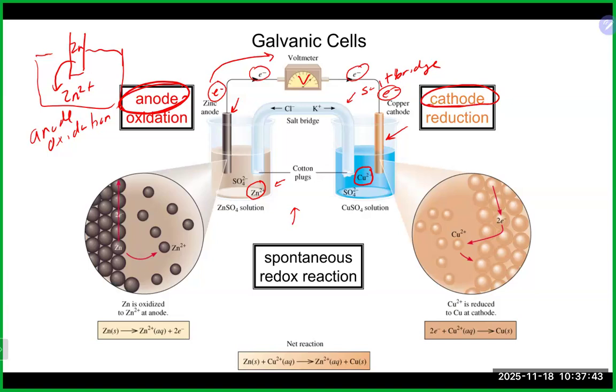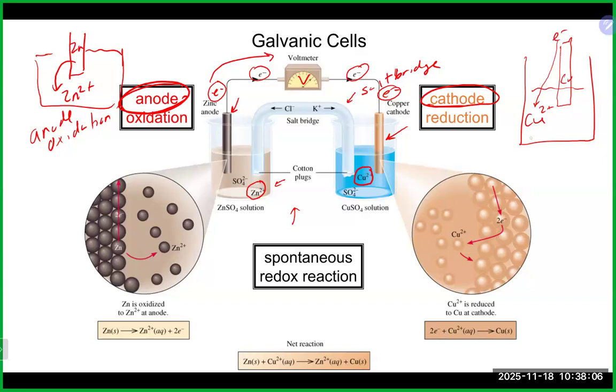The cathode is where the reduction part of the reaction takes place. On the other side, where in this example we got copper solid and some copper ions in the solution, those electrons will come in and hook up with the copper that's floating around in the solution.